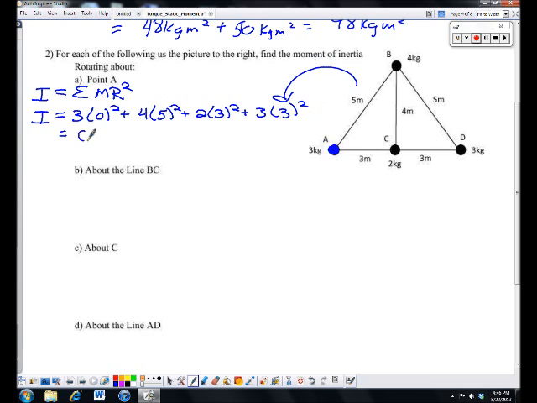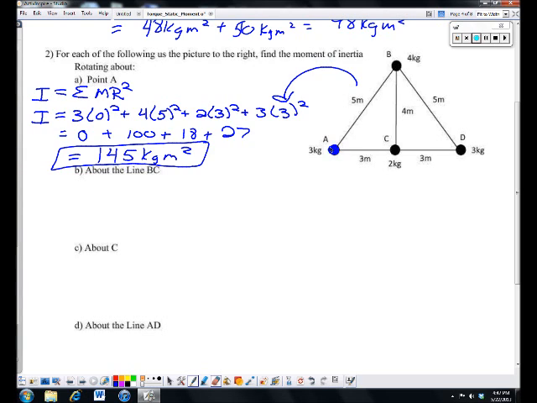So, what is that? 0 plus 25 times 4 is 100, plus 9, 18, plus 3, 27. So I believe that's a total of 145 kilogram meters squared. Remember, this is just like mass. The more massive this is, the harder it is to spin.